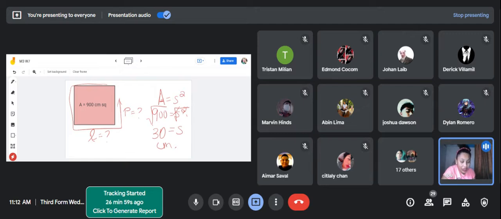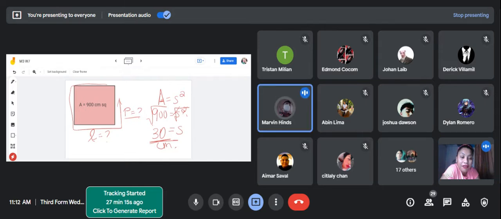So if I know that one side is 30, but a square has how many sides? How many sides does a square have? 4. So for me to find the perimeter, if you use the formula for perimeter of a square, you are going to do 4 times the side, which is 4 times 30.